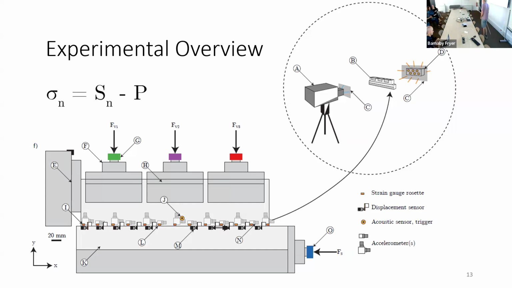So there's no water. I've been talking about geothermal reservoirs and pore fluid pressure. These experiments are dry, but again, through this effective stress law, we're going to basically simulate these changes in pore pressure through a change in total normal stress. So we're just going to change this. And the way we do this is that our three vertical pistons apply normal stress. Here they're shown in the red, purple, and the green.